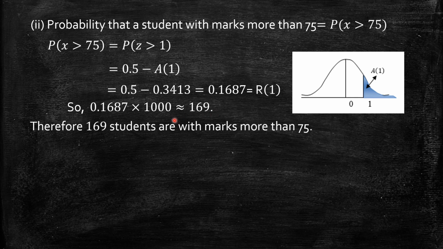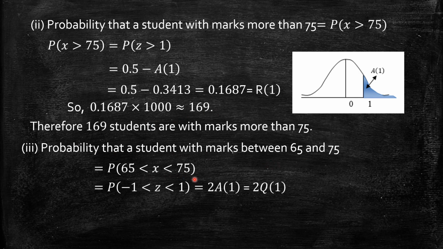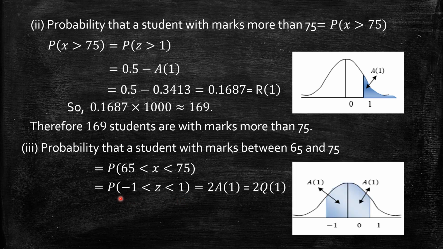One more question I want: the probability that a student has marks between 65 and 75. So that means P of 65 to 75, converted to z. The z value is, when x equals 65, z is minus 1. When x equals 75, z is 1. So that means the probability of minus 1 less than z less than 1. So this is the area which I want, which I can say is A of minus 1 plus A of 1, but A of minus 1 is symmetrical to A of 1.